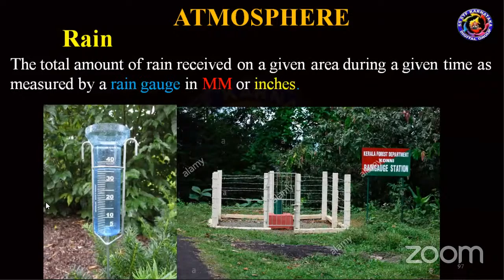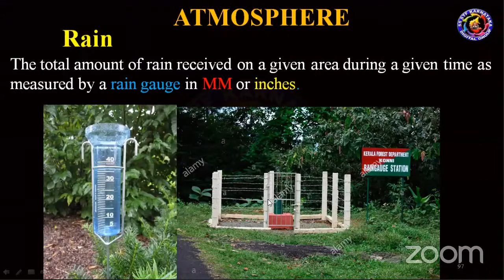This is an instrument which we can use to measure how much rainfall we are getting in our area, in our country, in our state, in our district. This is the first picture. It shows an instrument which we can use to measure the rainfall. And the second picture, I think, is an area formed by the meteorological department of the Kerala government.